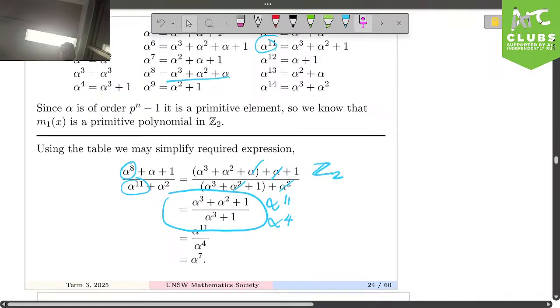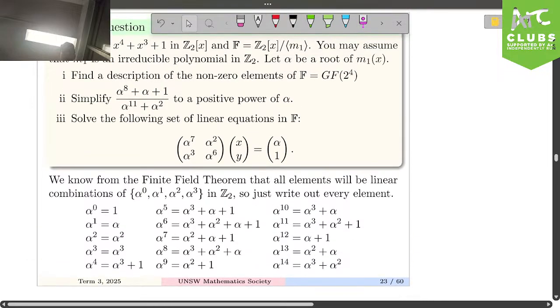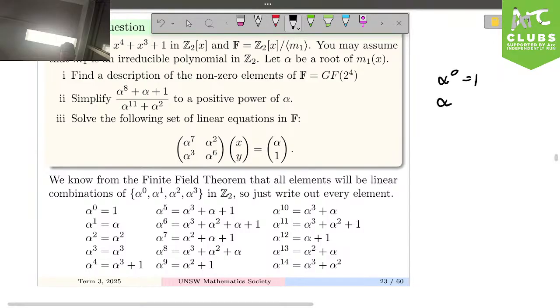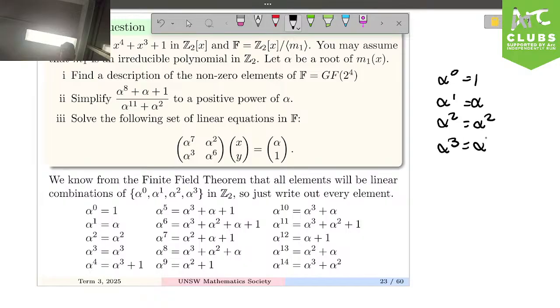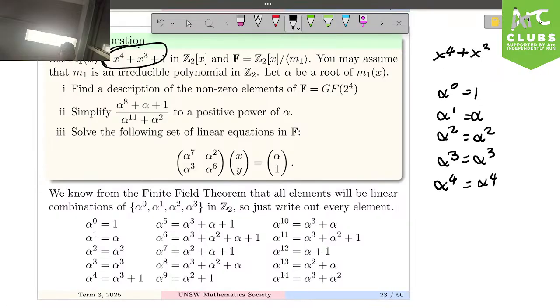Okay? So actually, it's worth doing just really quickly. It's worth teaching you how we can generate this table. So we start with alpha to the 0, which is equal to 1. Then we multiply that by alpha. Then we multiply it by alpha again. Then we multiply it by alpha again. And then we multiply it by alpha again. We're getting a pattern, right? So we get alpha to the 4. But because we are modulo this polynomial, we know that x to the 4 plus x cubed plus 1 is equal to 0.